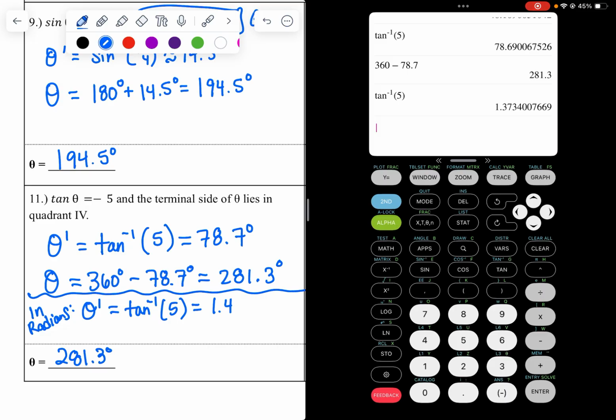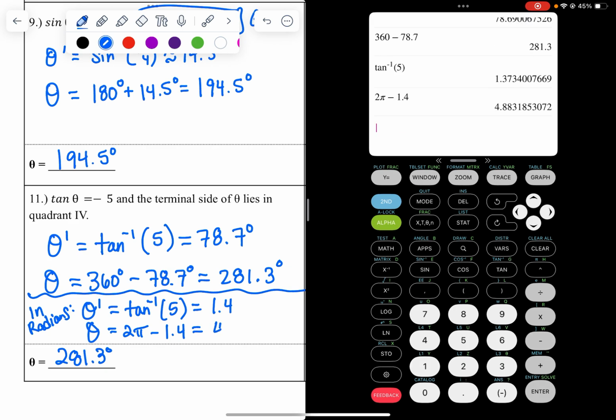And so we would do 2 pi minus 1.4. So 2 second, and the caret is how we get our pi, minus 1.4 gives us 4.9. So in degrees, it was 281.3 degrees. In radians, it's 4.9 radians.